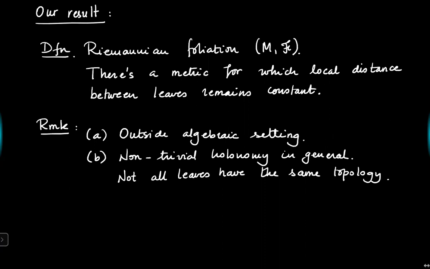So this is closer to the algebraic setting, but it's by no means inside the algebraic setting. And these foliations are not that trivial. In general, they have non-trivial holonomy. They may have leaves which have different topologies and so on.